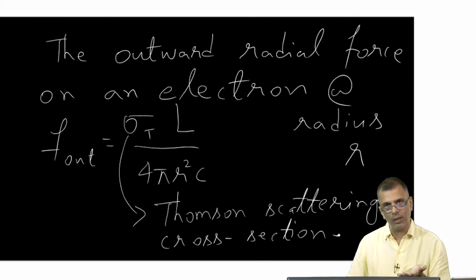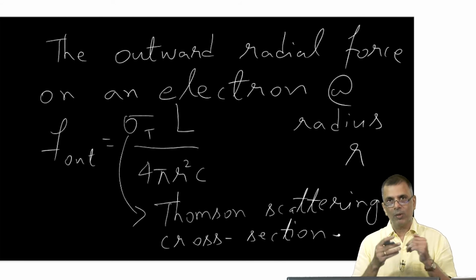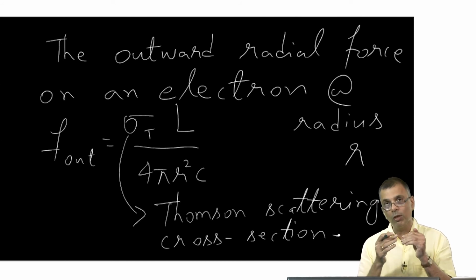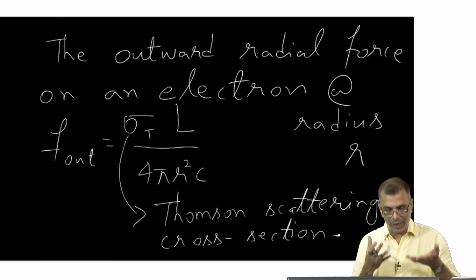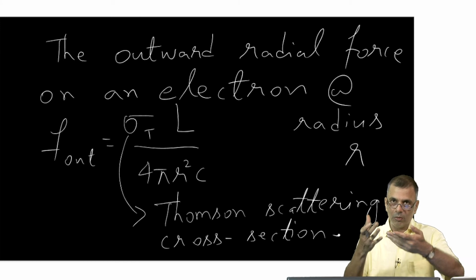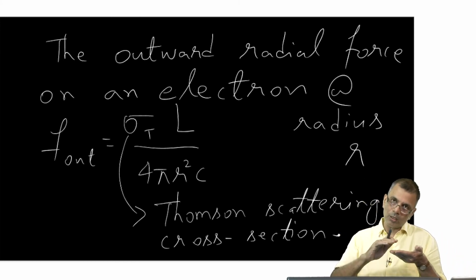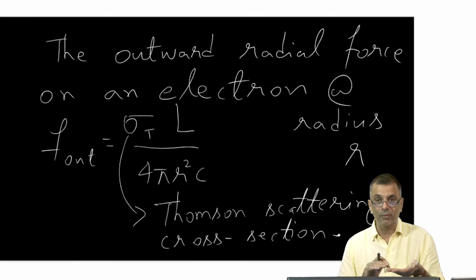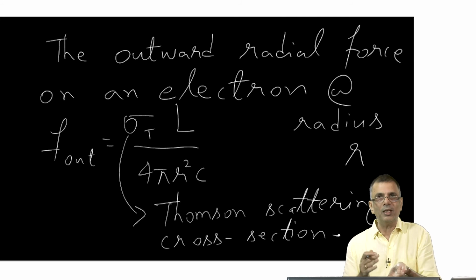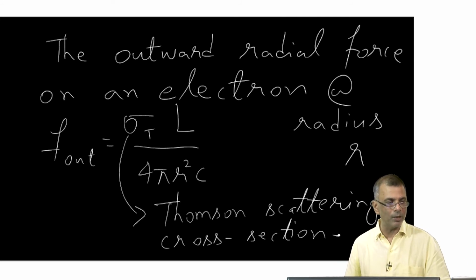The electron is feeling the outward force, but the electron also drags a proton with it, because the electrons and protons are bound via Coulomb forces. So that outward force is transmitted to a proton via the Coulomb coupling, and electrons and protons had better remain together in order to maintain charge neutrality. So essentially the outward radiation force is also felt by the protons.